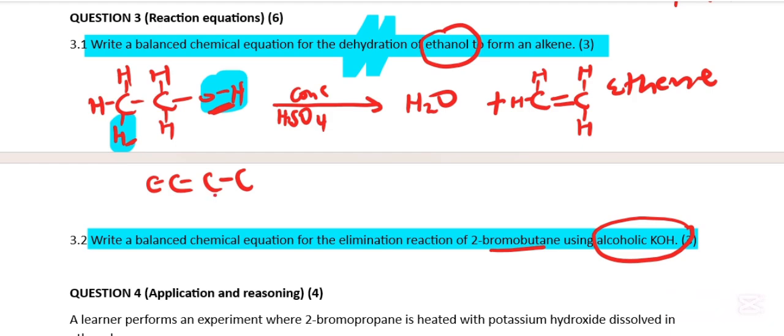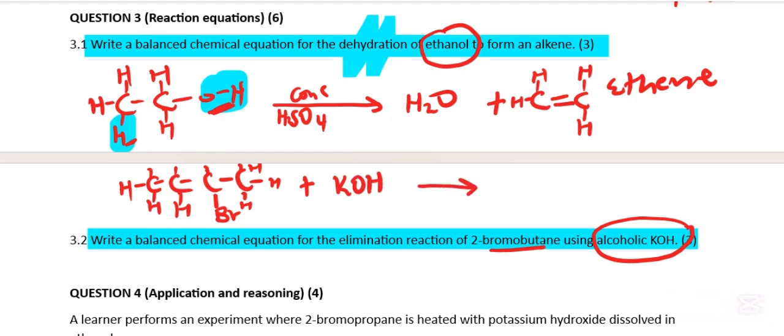On carbon number 2, I have Br, and there are hydrogens on the other carbons. Then we use a concentrated strong base, that is KOH in ethanol, and there is also heat.